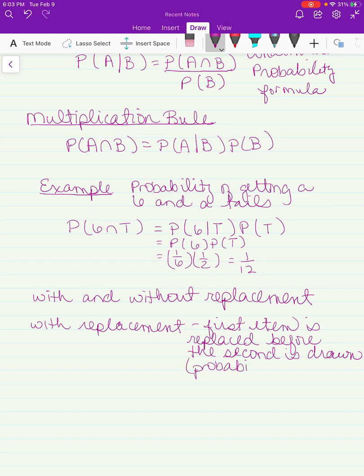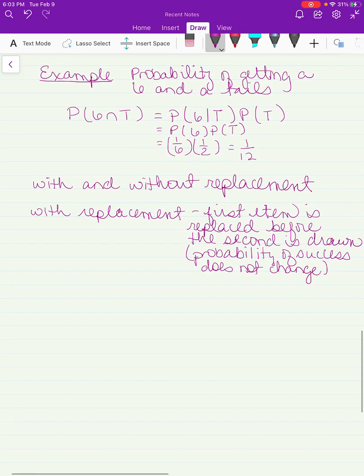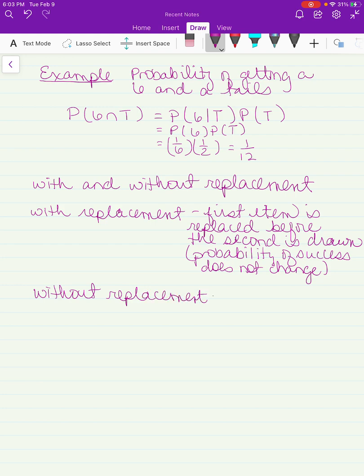Probability of success does not change. Without replacement, the first item is not replaced when the second is drawn.